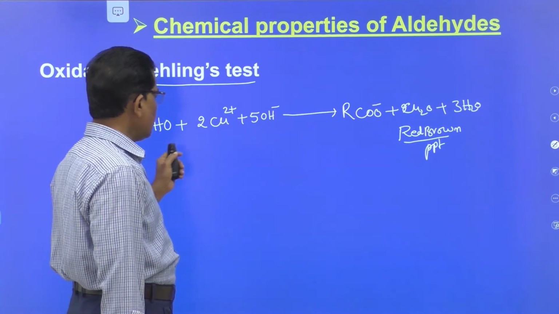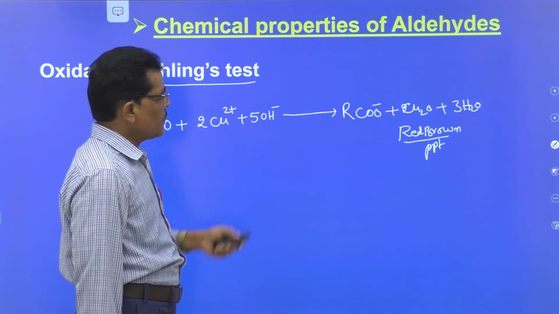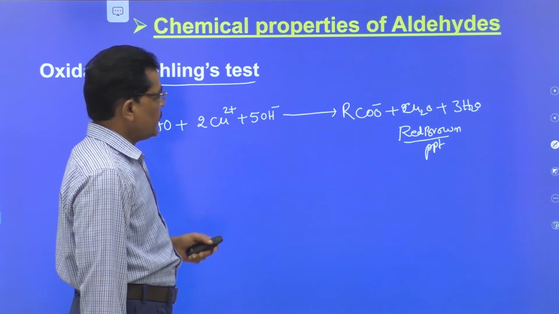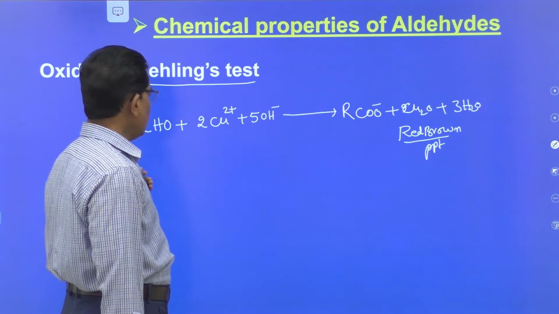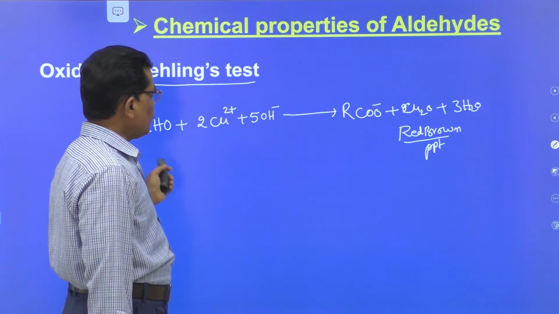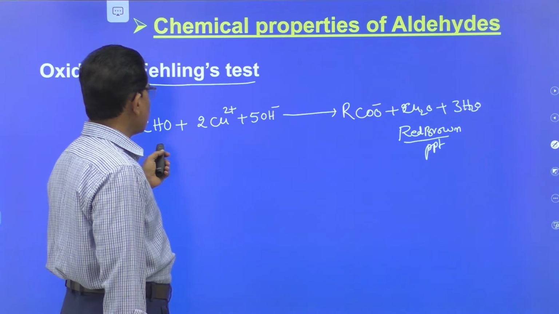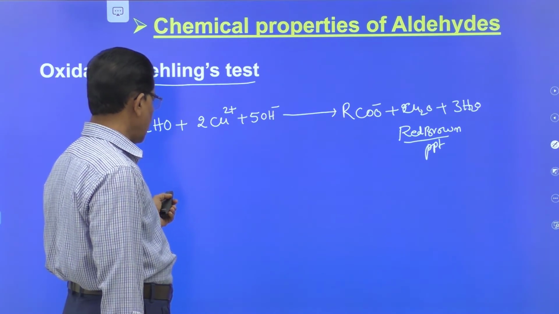RCHO plus 2Cu2 plus 5OH minus gives rise to RCOO minus plus Cu2O plus 3H2O. The red brown precipitate is formed. So this is the identification test of aldehydes.